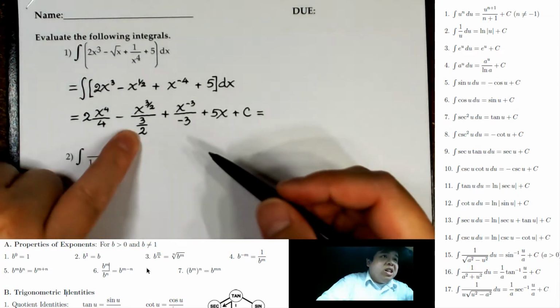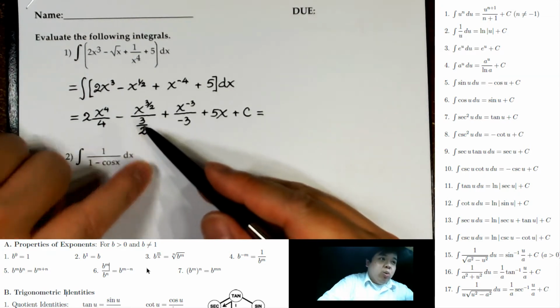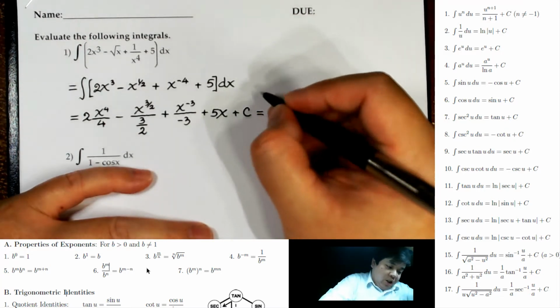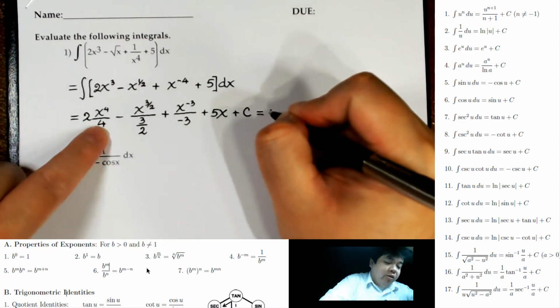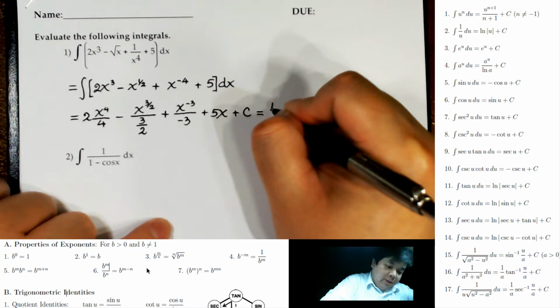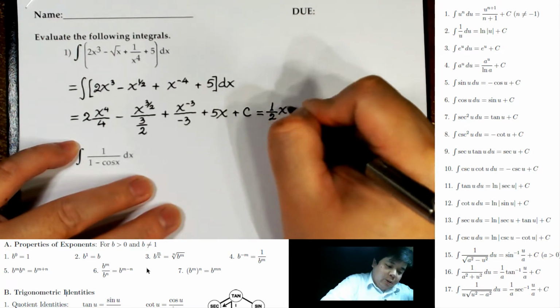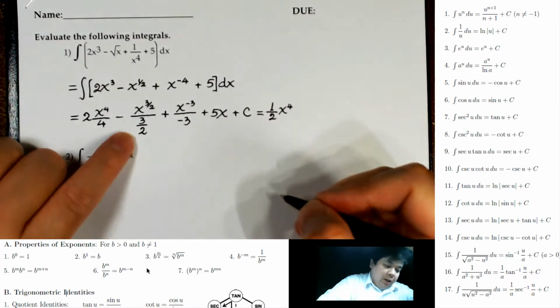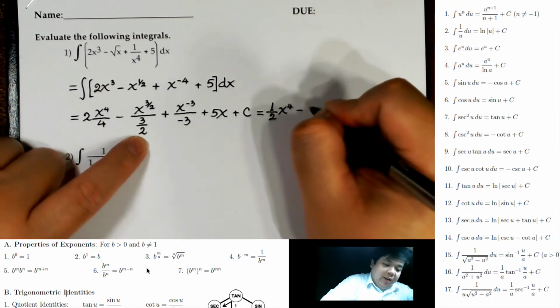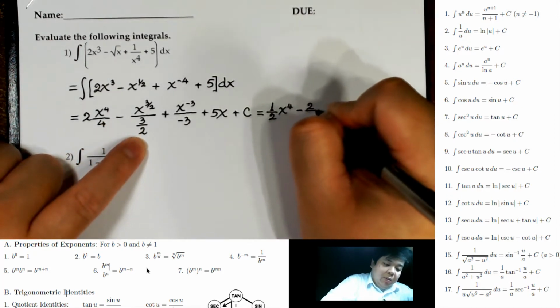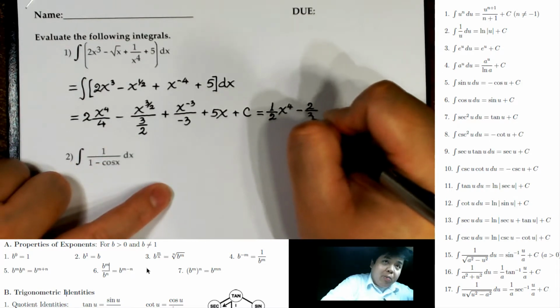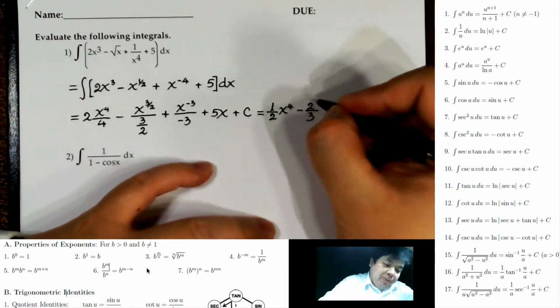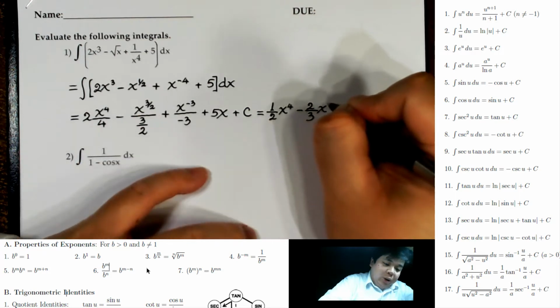Right, we just need to divide by a fraction. We turn that into reciprocal. So we have 2 over 4 give us 1/2 x to the 4th, minus 3/2, divided by 3/2 becomes multiplied by 2/3, x to the 3/2.